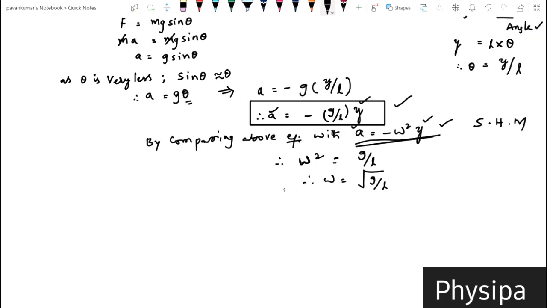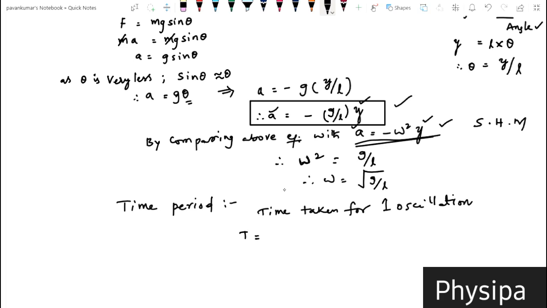Now we will define the time period of a simple pendulum. The time period is defined as the time taken for one oscillation, that is, the time taken by the simple pendulum to complete one oscillation is called the time period.